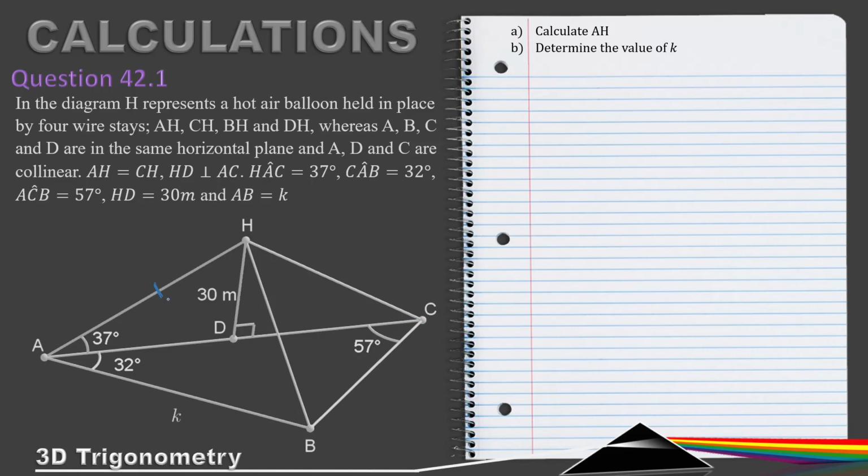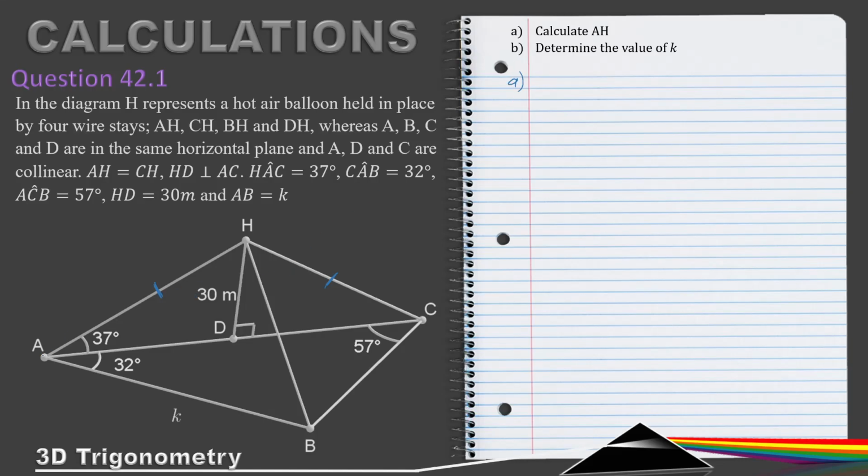So AH is equal to CH, the same length, and HD is perpendicular to AC. HAC is 37, then we've got CAB, which is 32, we've got ACB, which is 57, and HD is 30. Okay, and AB is K over there. Now determine or calculate AH.